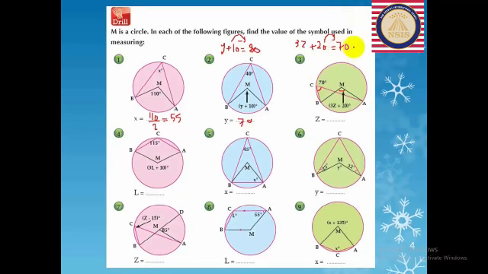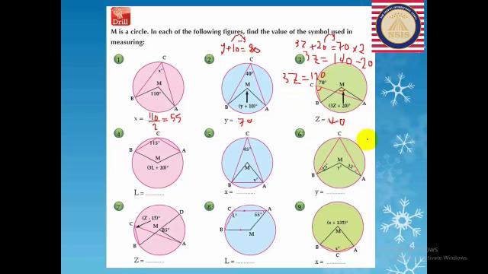It's not 70, it's 70 times 2, because it's the central angle. So 3z plus 20 equals 140, so 3z equals 140 minus 20, which is 120. So z equals 120 divided by 3, which is 40.